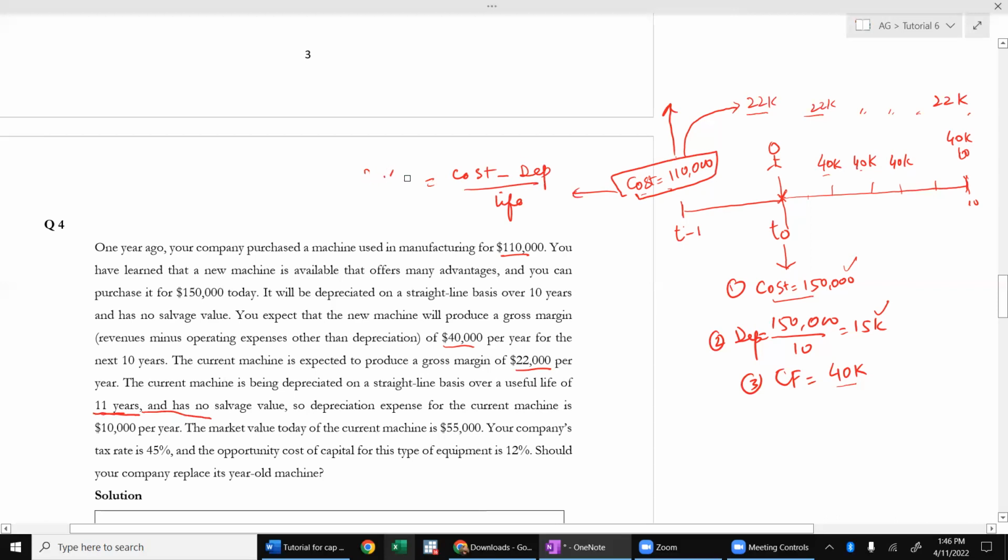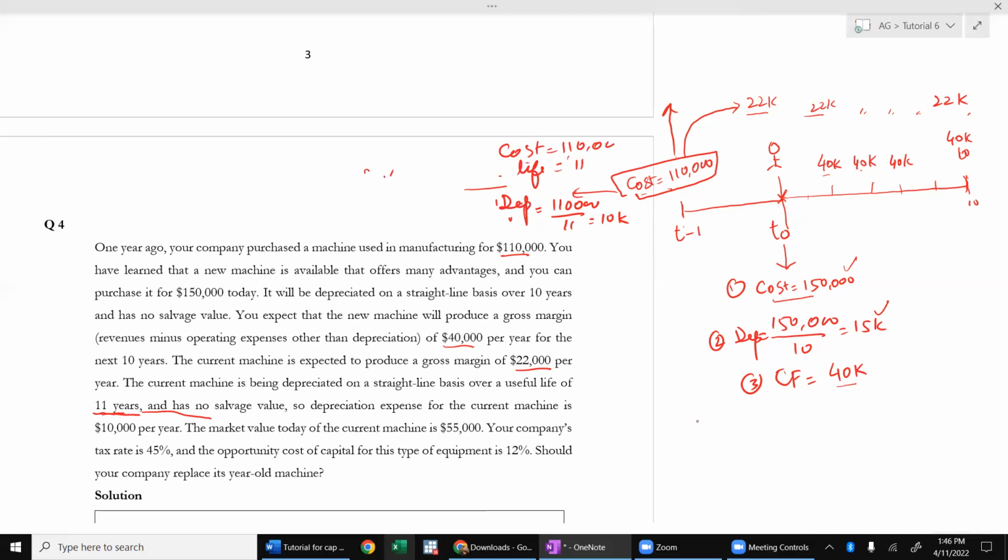When the company bought this machine, the cost was 110,000, life was 11 years. What was the depreciation? If you use straight line, it will be 110,000 divided by 11 is equal to 10,000. Okay, so now you can see that there are two different pieces of information. I'm just separating these two, old machine and new machine.